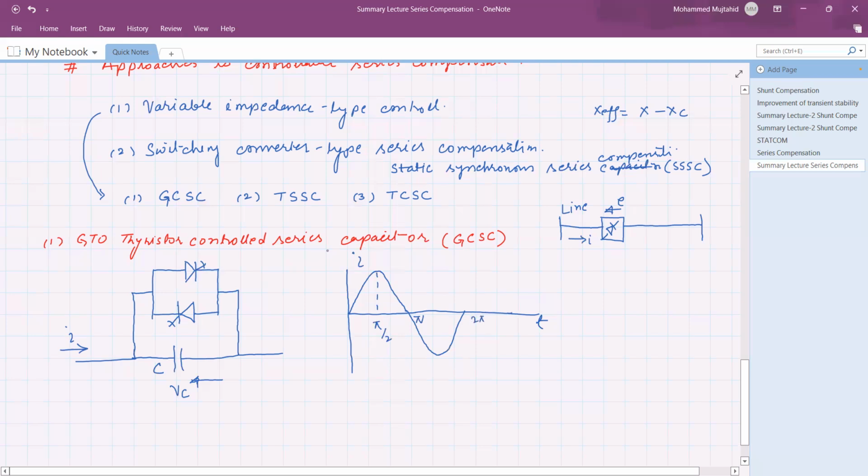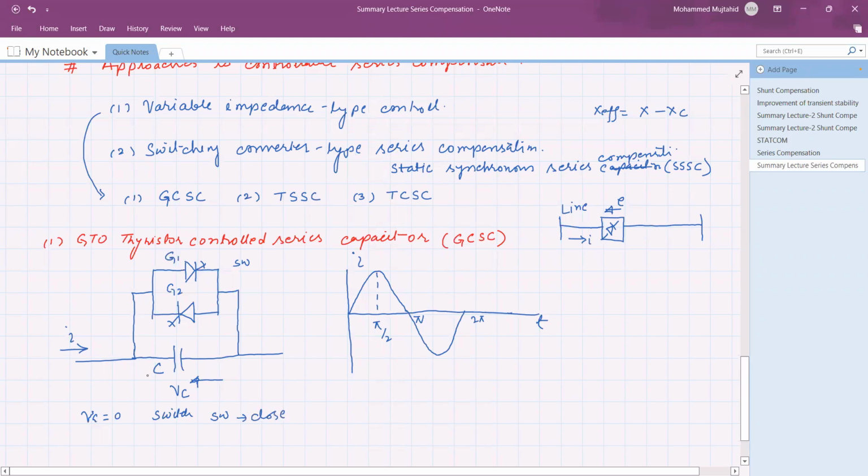Say this is gate turn off device G1 and this is G2. In the positive half cycle or negative half cycle, either G1 or G2 is conducting, the current flows through the GTOs, and therefore the current in the capacitor becomes 0 and the voltage VC is equal to 0 when the switch SW is closed.